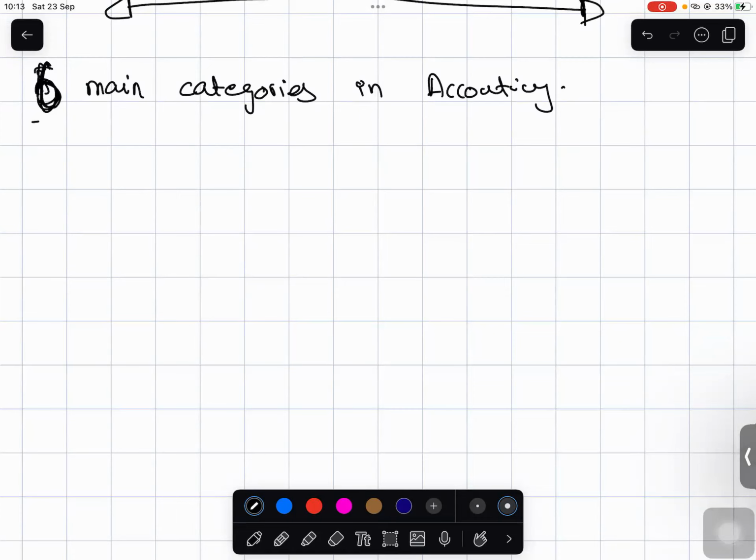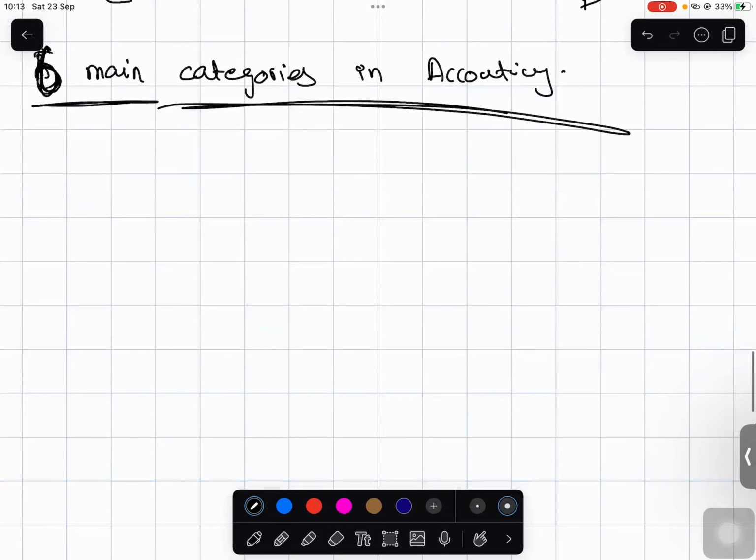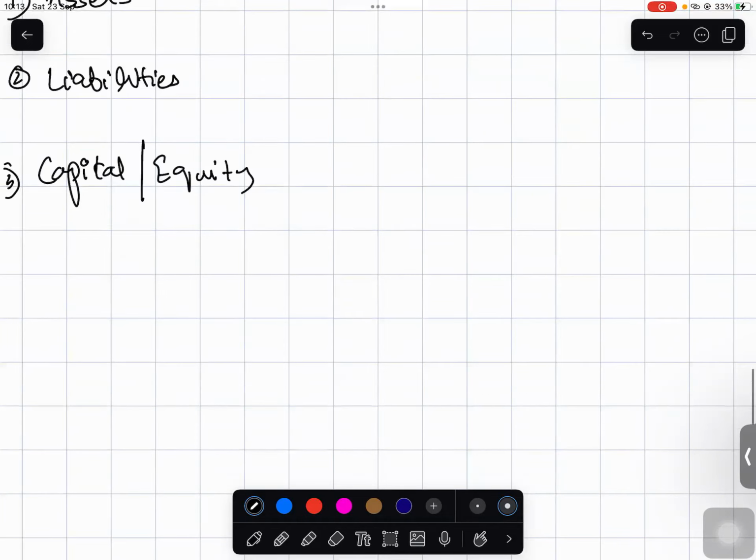Okay, cool. So you are absolutely right. The first thing we have is assets, then we have liabilities, then we have capital. This can also be called equity. If you ever come across it, don't get confused.